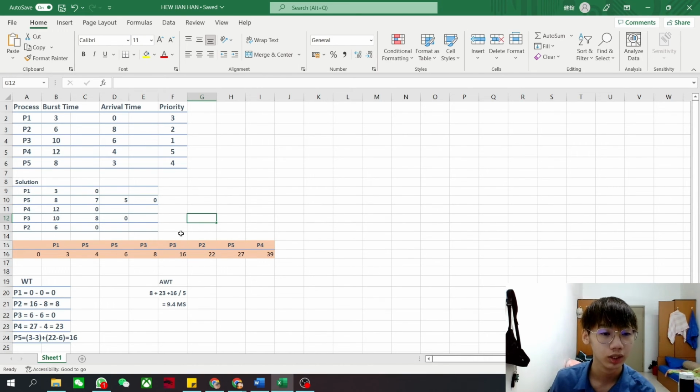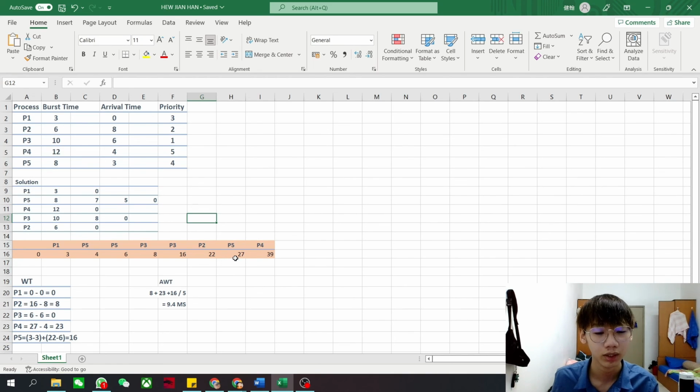Then P2 is incoming at 20 milliseconds because P2's burst time is 6 milliseconds. Then 16 plus 6 is 22. After that, P5 is incoming at 27 milliseconds in the preemptive priority because P5 has 5 milliseconds left.